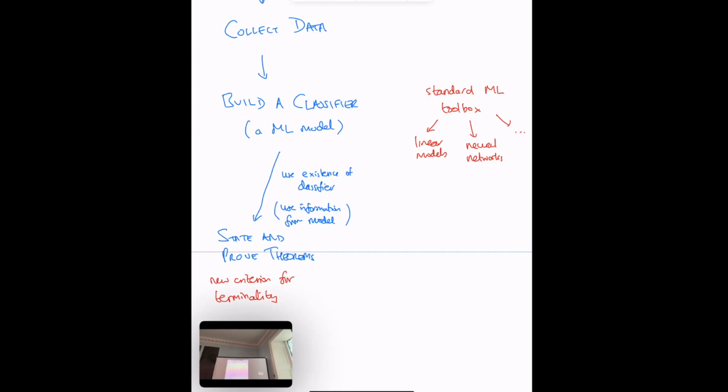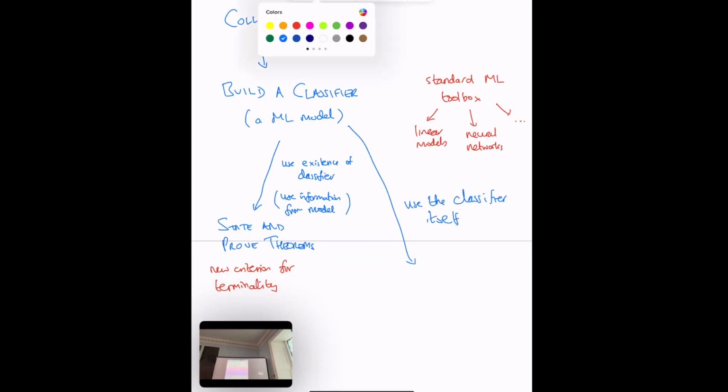And there's also another thing that you could do from here. So suppose you've got a model that appears to solve your mathematical question. My mathematical question has disappeared off the top of my screen, but imagine it's here. You can use the classifier itself to drive or build mathematical understanding beyond our current theoretical reach, so beyond what we can prove.